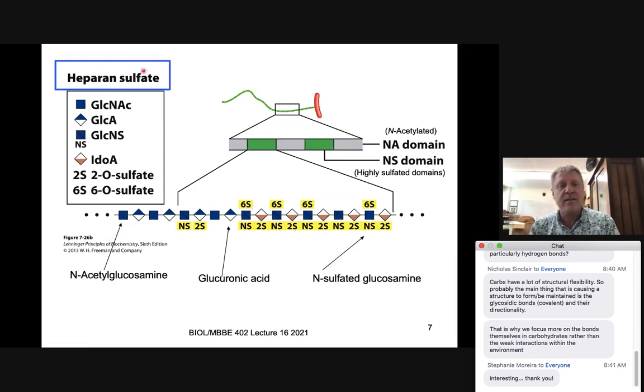So here we have a look at the heparan sulfate. Here's the backbone of the protein, the xylulose, the three carbohydrates, and we're going to look specifically at a region of the heparan sulfate where we see a gray and a green zone. This is an NA, an acetylated zone, and this is a highly sulfonated zone called an NS, so an NA and an NS.